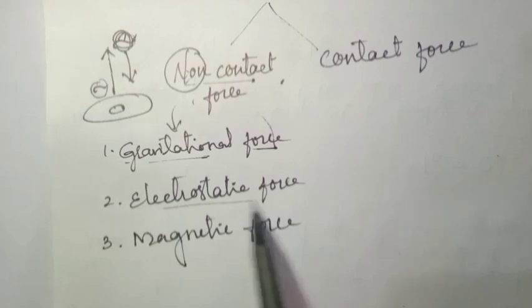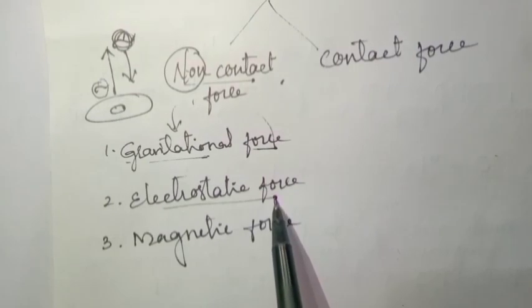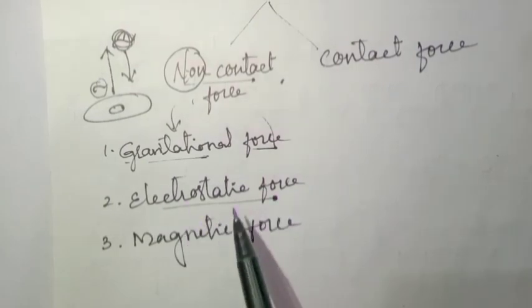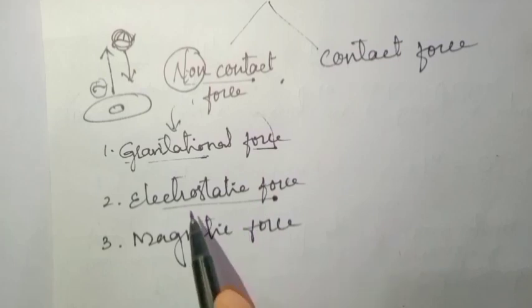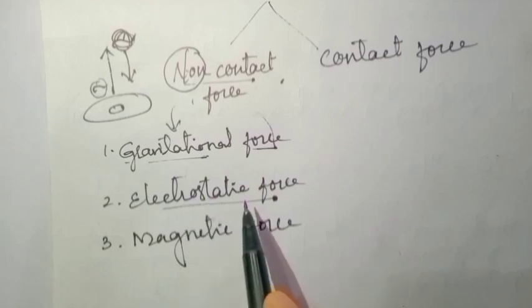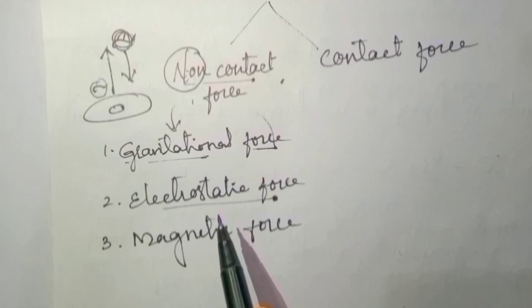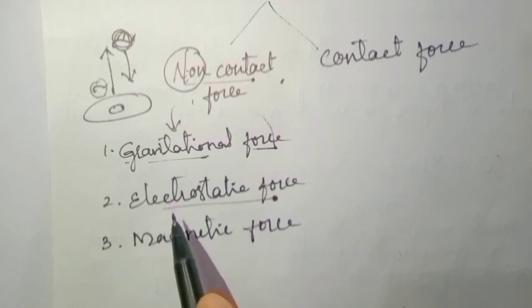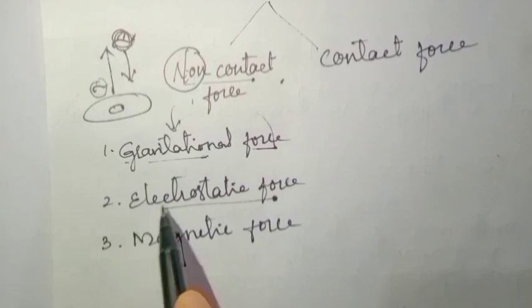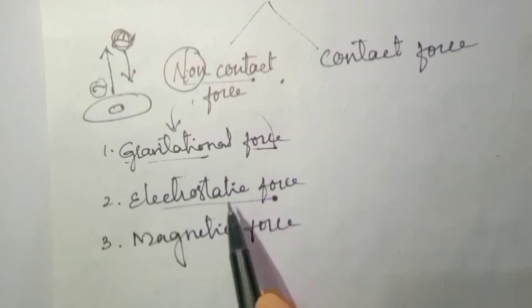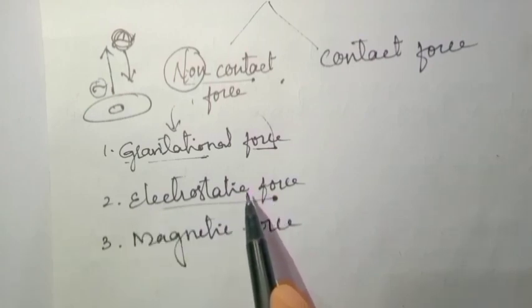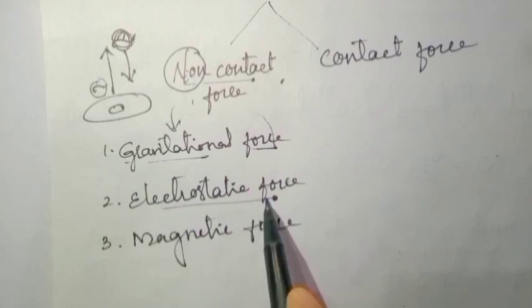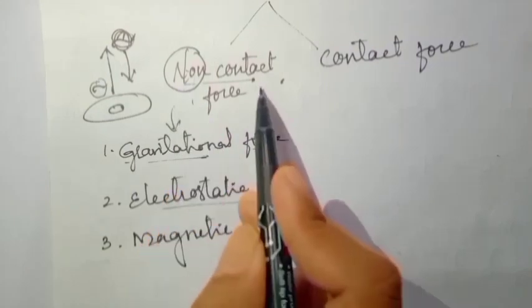Similarly, electrostatic force: as we know, the electrons are revolving around the nucleus because of electrostatic force. In electrostatic force also, some charges experience the force without contact, and hence electrostatic force also comes under non-contact force.